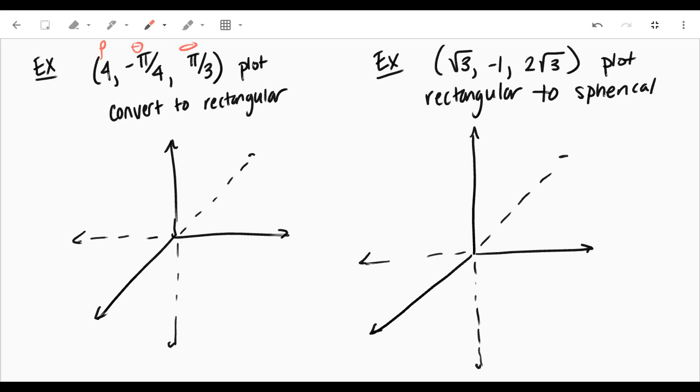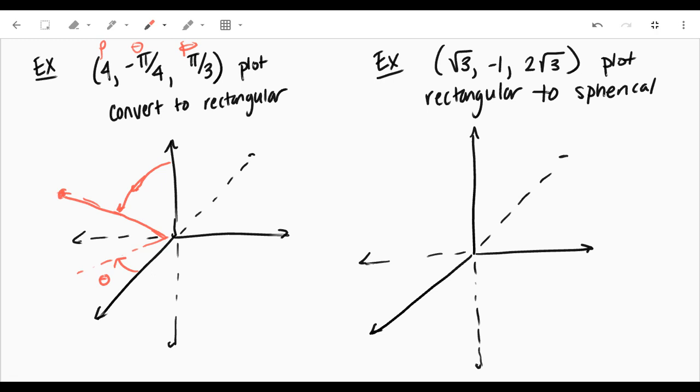So we are going to be on theta at negative pi over 4. Okay, so here's theta. And then for phi, we're at pi over 3. So remember that's measured from the positive z-axis towards that. So pi over 3 might be like here, roughly. And then we want to go at a distance of 4. So maybe right around here.